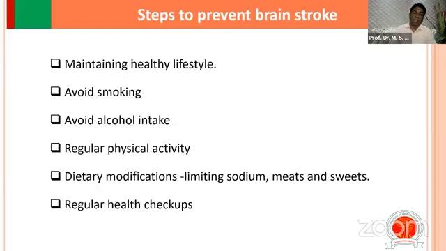Prevention of stroke: maintaining a healthy lifestyle or modification of lifestyle, avoiding smoking, avoiding alcohol intake, regular physical activity, dietary modification, limitation of sodium, meats and sweets, and regular health checkups.